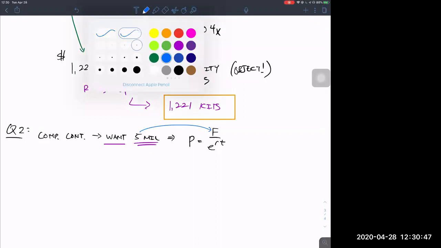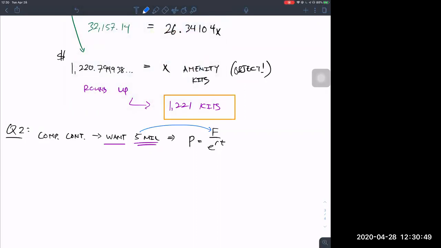In any event, this number, once you plug in all your details here, it should look like this. 12% in 20 years, so that's 0.12 times 20.